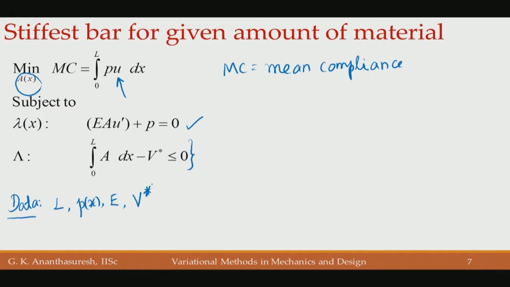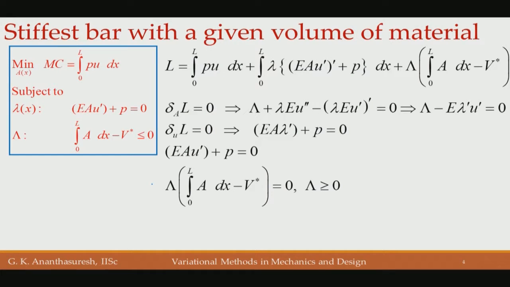Okay. So, from the problem statement that we just described, we write the Lagrangian, which is basically the objective function, added to that the governing equation with the corresponding Lagrange multiplier function, and then the Lagrange multiplier for the constraint multiplied by the volume constraint.